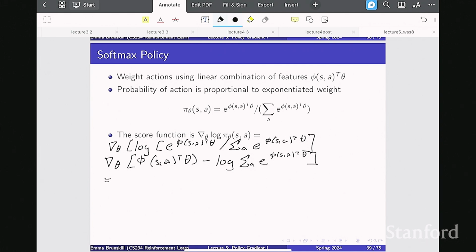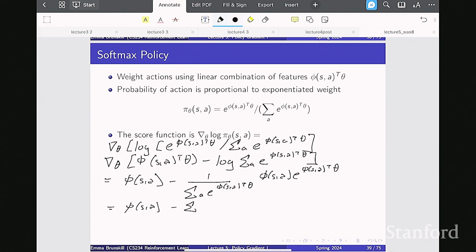And so this is just going to be equal to phi(s,a) minus the expected feature. So I'm just taking the derivative of this for a particular theta. And so we can just rewrite that as phi(s,a) minus some weighted sum over the features.